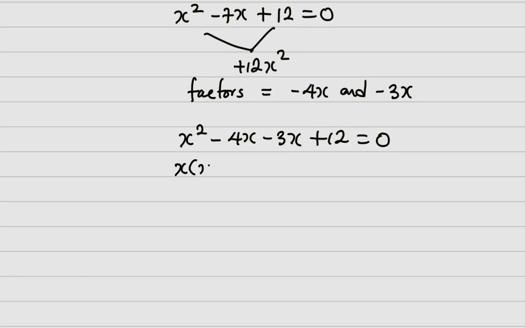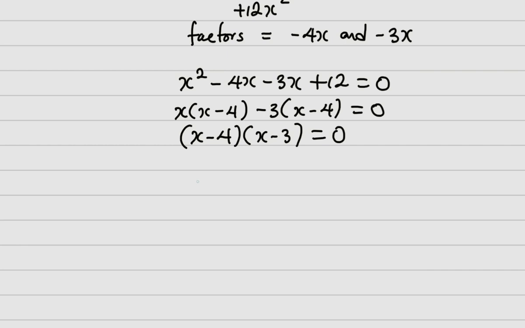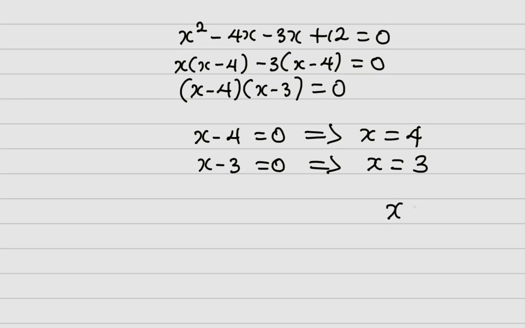So this is x into x minus 4, minus 3 into x minus 4 is equal to 0. So I have x minus 4 into x minus 3 is equal to 0. So x minus 4 is equal to 0 implies that x is equal to 4. x minus 3 is equal to 0 implies that x is equal to 3. So in the third case, I have 3 and 4 as my answers.